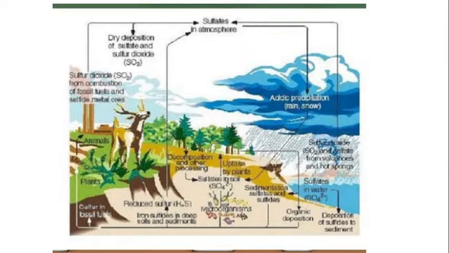You can see here the sedimentation process, and from the sedimented rocks or from water, the sulfur undergoes weathering and it will reach the plants. The plants take up this sulfur and it will reach the body of the animals.